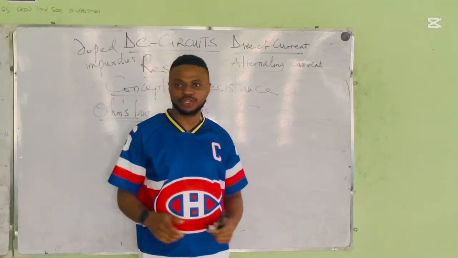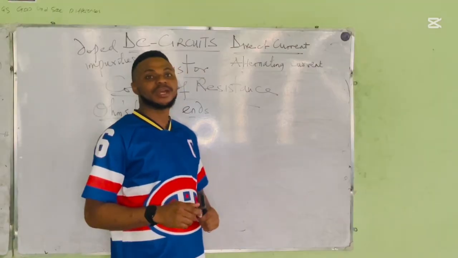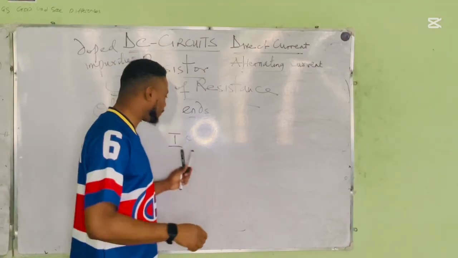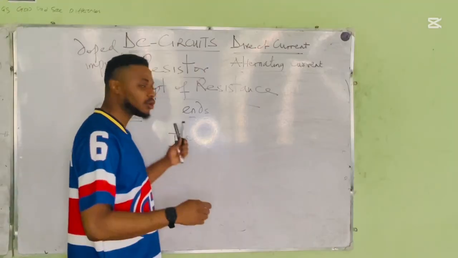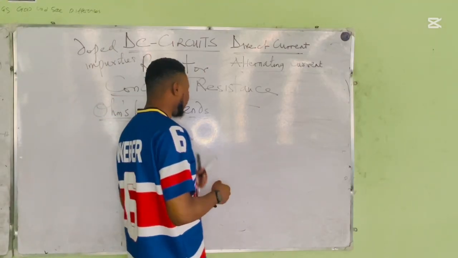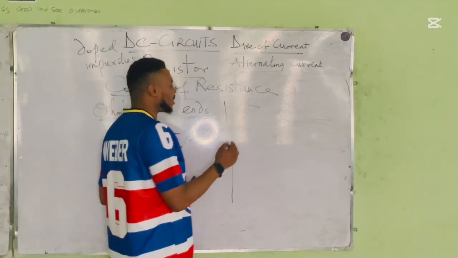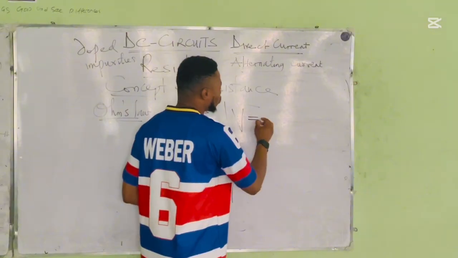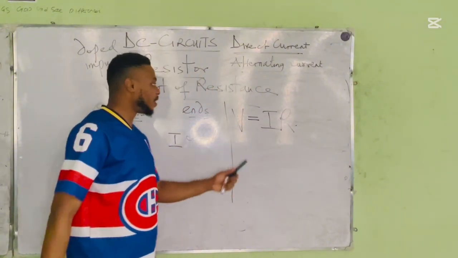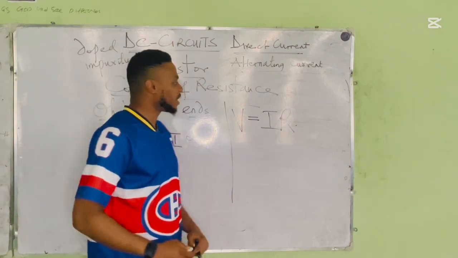That's direct proportionality. Now, another thing we must lay emphasis on is the equation that depicts Ohm's law of electricity. This direct proportionality is explained in the formula V = IR. So the formula that explains Ohm's law is V equal to IR.